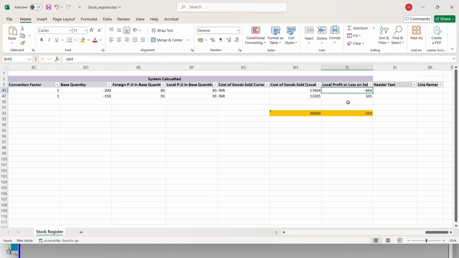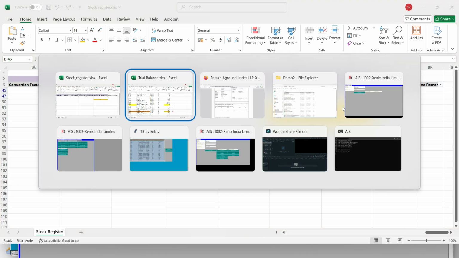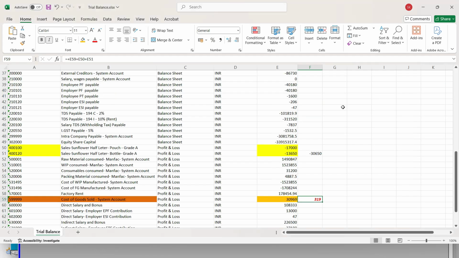So the next time when I'm selling to a new customer, I'll sell at a different price so that I'll make some margin. So yes, this will help you in correcting or improving your gross margins, so that you will be selling the products at the right price and making better margins, both for manufacturing entities as well as service entities.